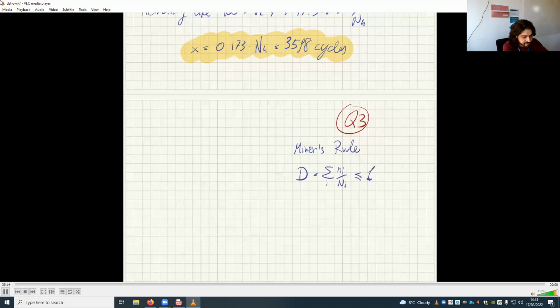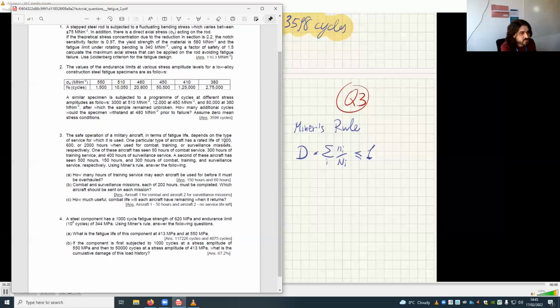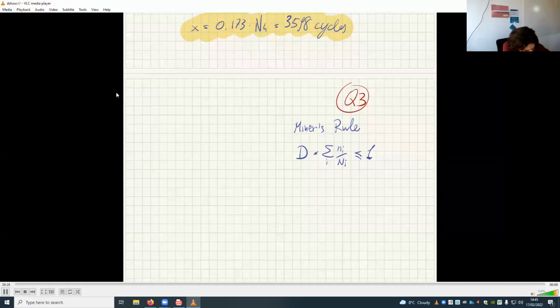And then let's create a table. We have a table with our experiments, where we know that we have 1,000, 600, and 2,000. So NF would be 1,000, 600, and 2,000. And these are the operations: combat, training, surveillance.